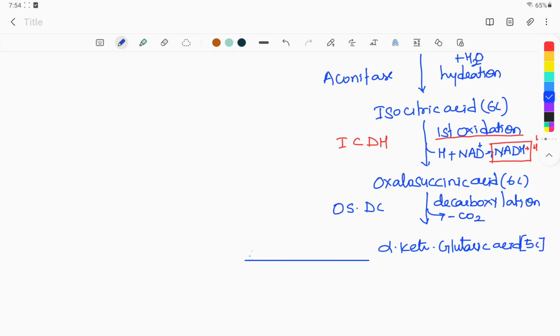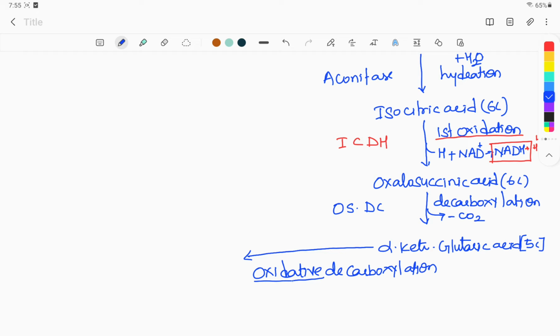It undergoes oxidative decarboxylation here. So you must know that oxidative decarboxylation means loss of hydrogen as well as loss of carbon dioxide. Oxidative means loss of hydrogen.